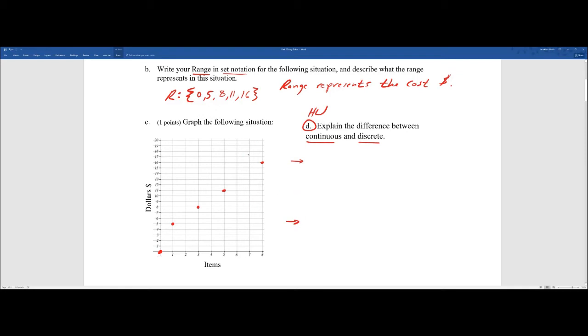To try to describe it, look back at your notes. I will give you a hint. In this situation from part C, there are no lines, there are no curves, they're all independent, isolated dots or points. This example right here is discrete. So try part D on your own.